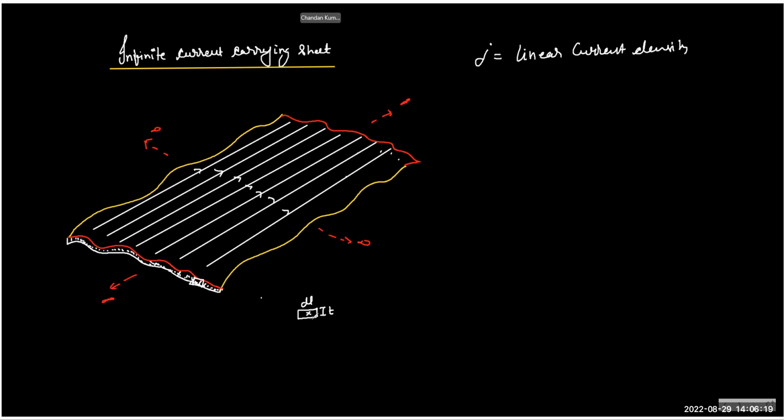With your regular definition, the current density Js, which we define for the surface, is the current per unit area, which is dl into t. Correct? Yes, sir. But the JL you define as dI upon dl only. So you can say that JL is basically Js into thickness.